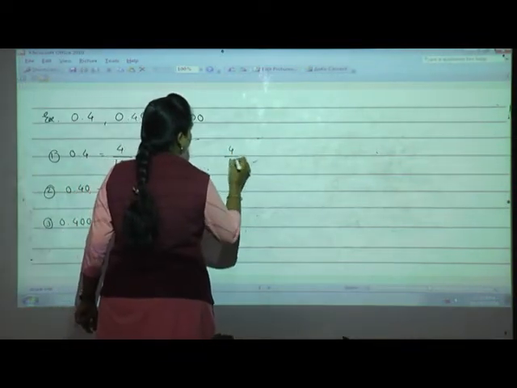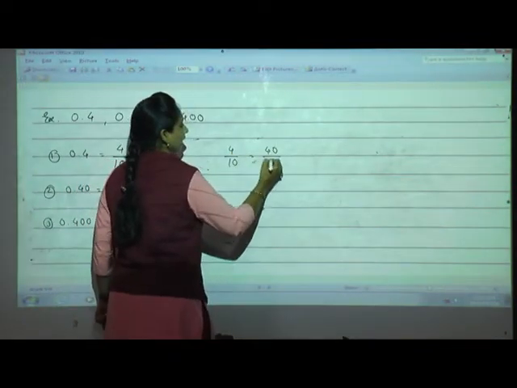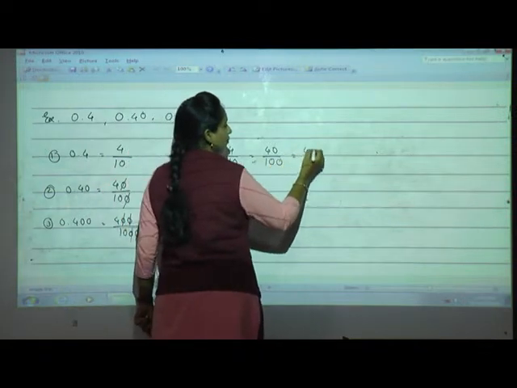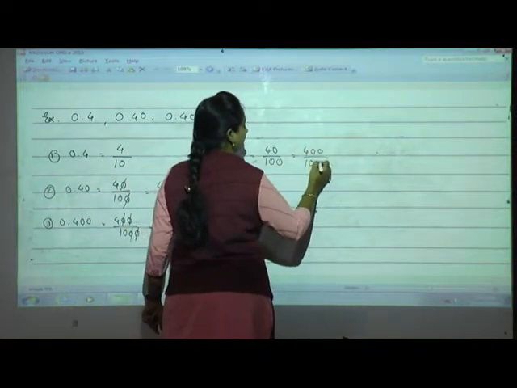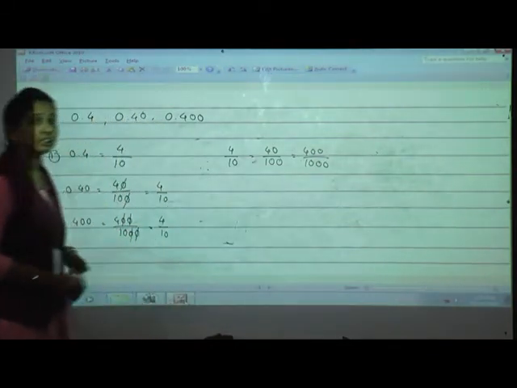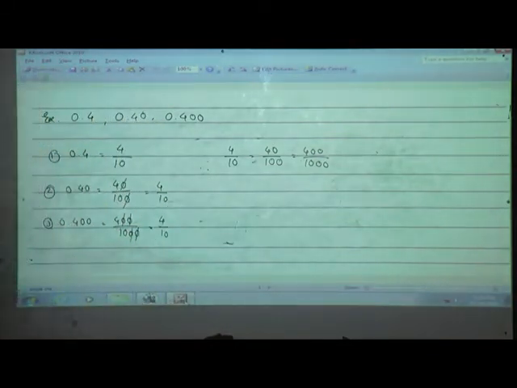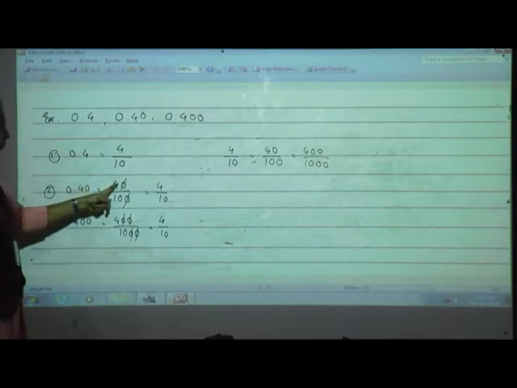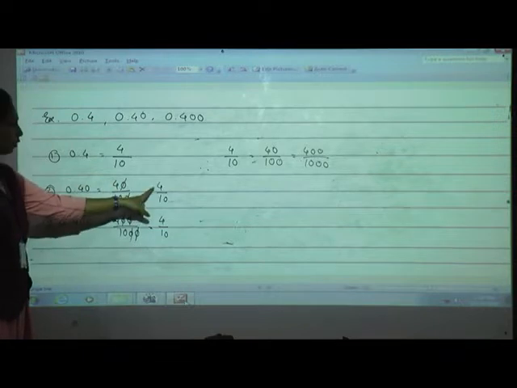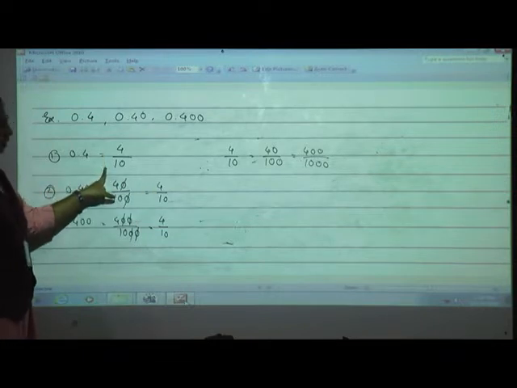It means 4 by 10, 40 by 100 and 400 divided by 1000, they are equal. They are what? Equal. Because when we go to the next step, we cross the zeros, and then what do we get? 4 by 10 only, isn't it?